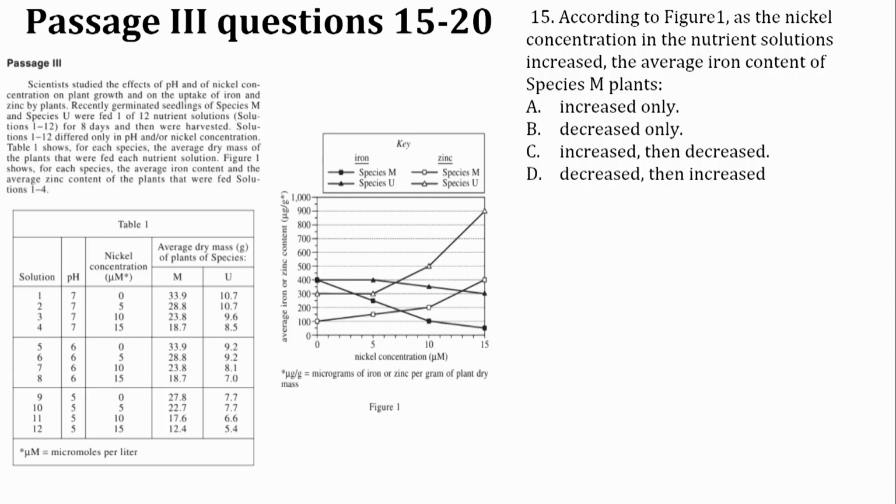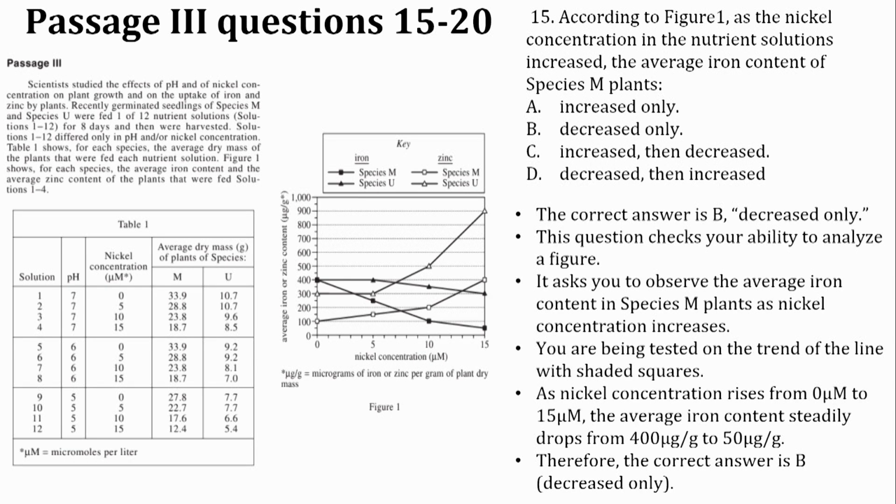15 says, according to figure 1, as the nickel concentration in the nutrient solution increased, the average iron content of species M plants. Those are our answer choices, but we should have gone with B, decreased only. This question checks your ability to analyze a figure. It asks you to observe the average iron content in species M plants as nickel concentration increases.